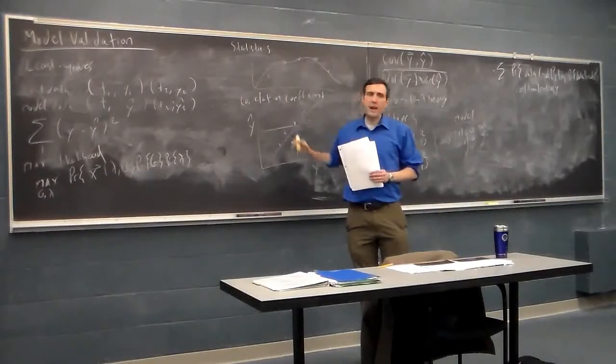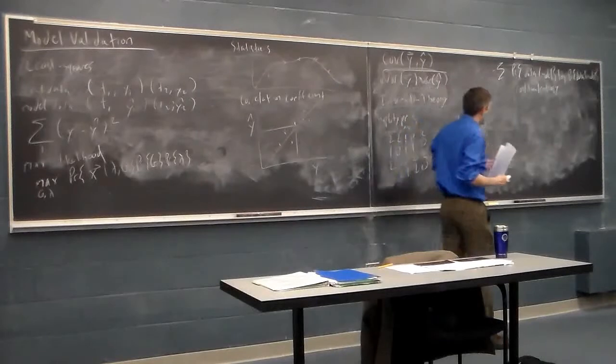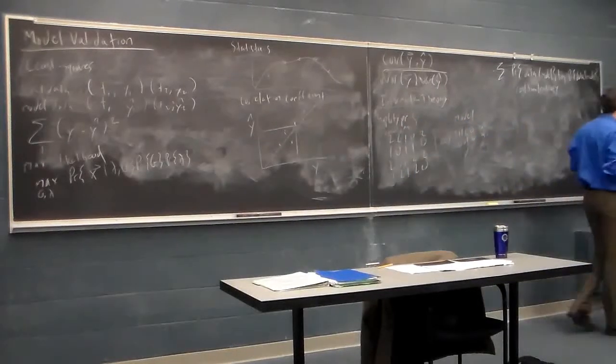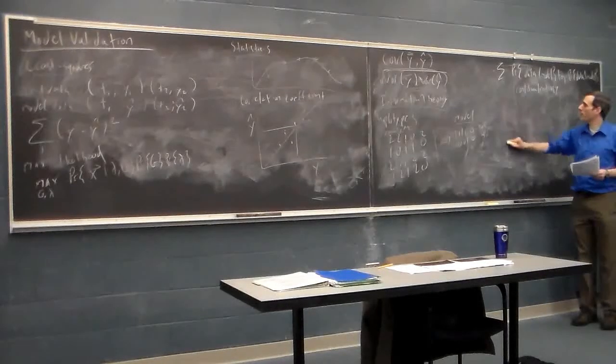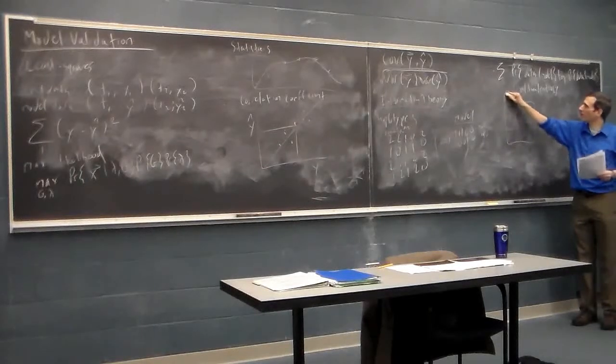Even if we've got good measures like this, and there are a lot more of these that I don't have time to go into here, you have to be careful about what you're measuring. So let's say we are looking at a model of Brownian motion. That's something we talked about how to simulate.